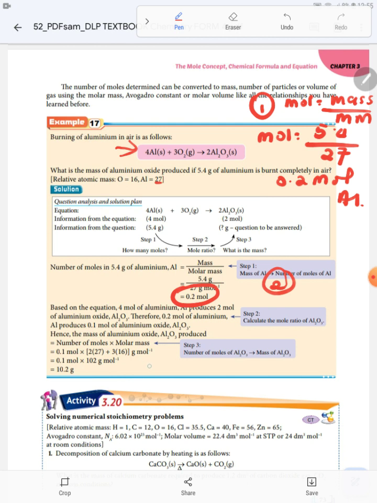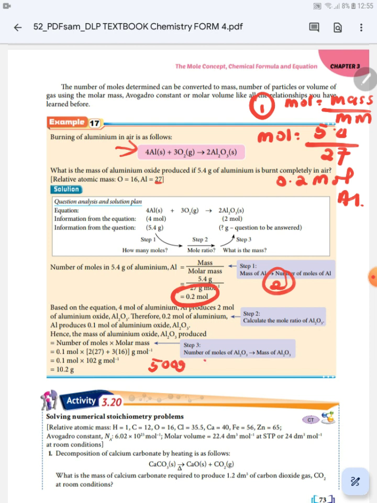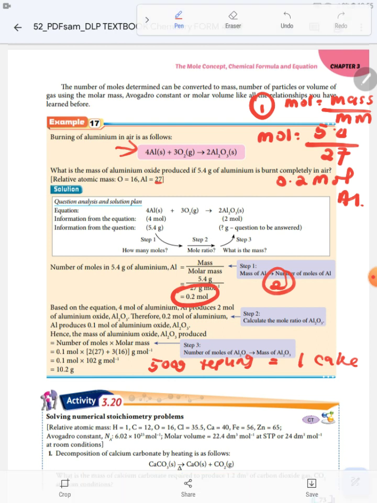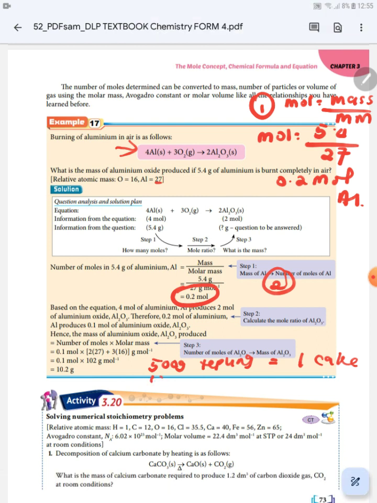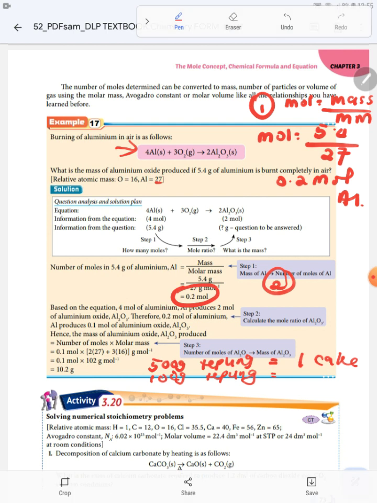Contoh, kita nak buat 1 biji kek, kita perlukan 500 gram tepung. 500 gram of flour, we have 1 cake. Jika kita hanya ada 100 gram tepung, berapa banyak kek yang kita boleh hasilkan? Okay, itu secara analoginya. So how to calculate how many cake is?